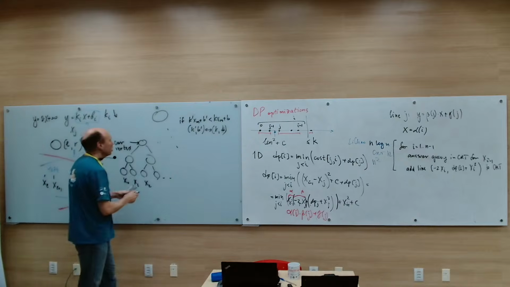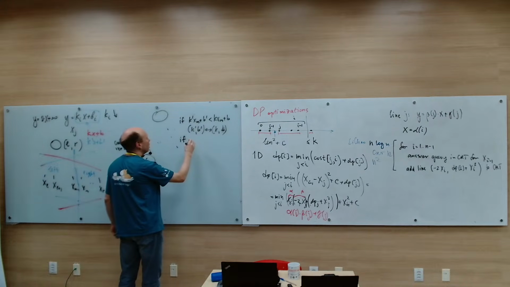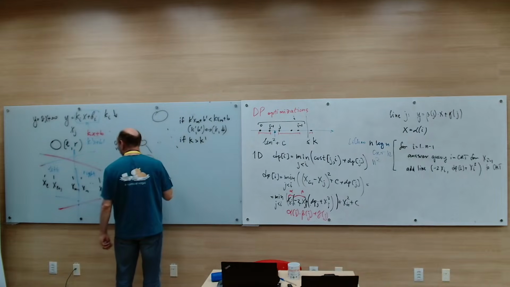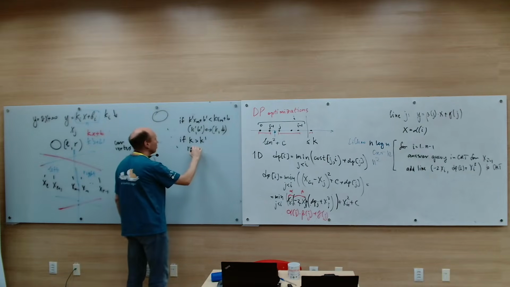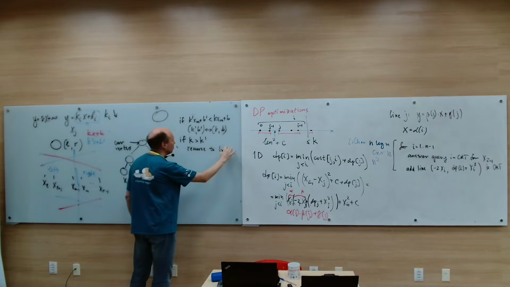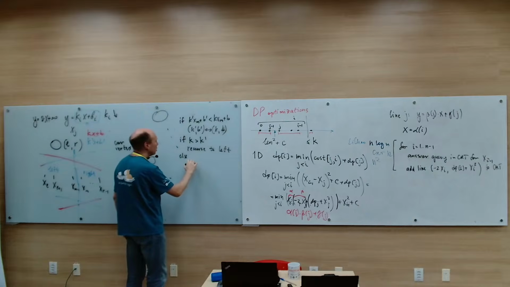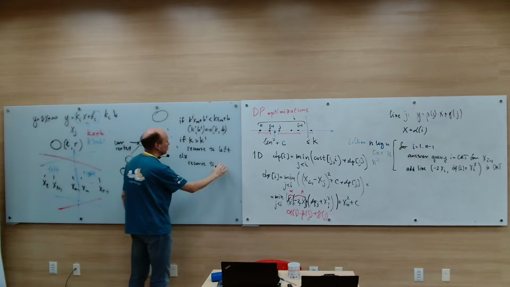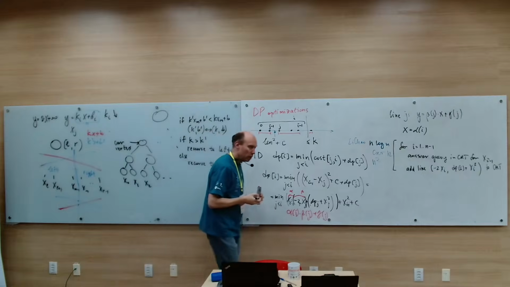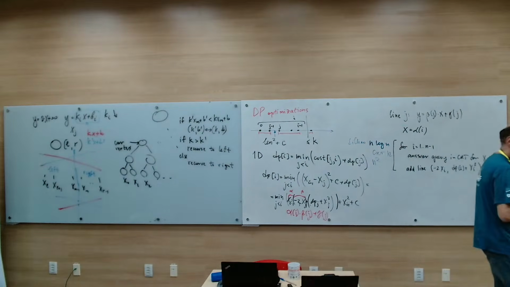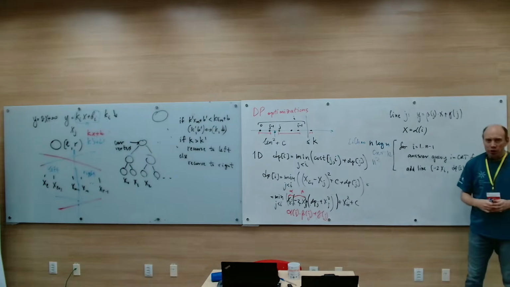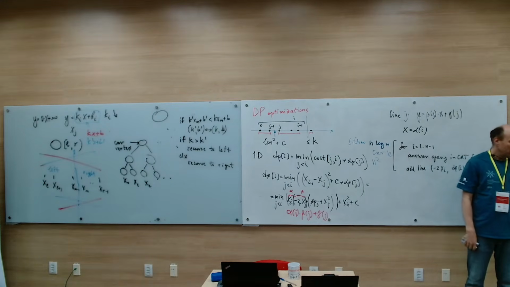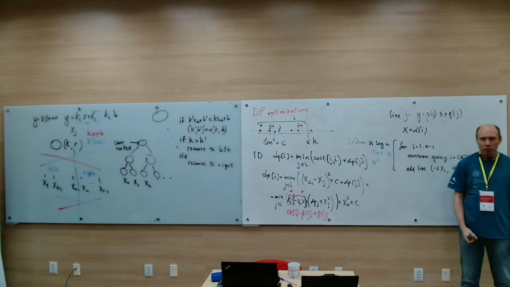So this means that if k is greater than k prime, like in this case, then we go to the left. Else, to the right. And that's it. So as you see, we didn't even need to intersect our lines. Like CHT, Li Chao doesn't even intersect the lines.